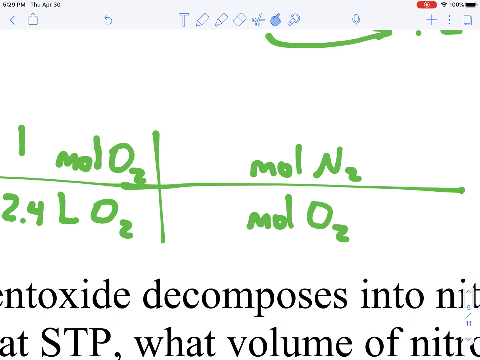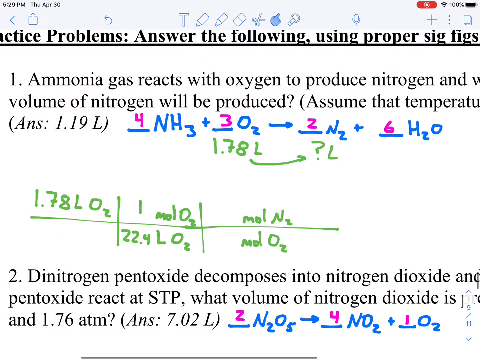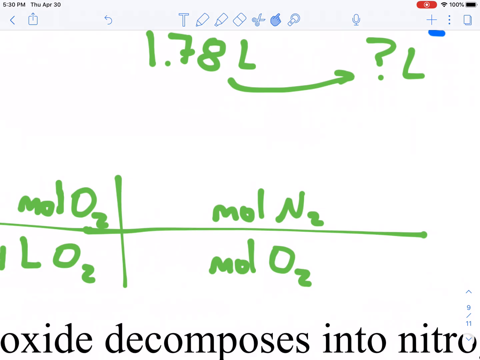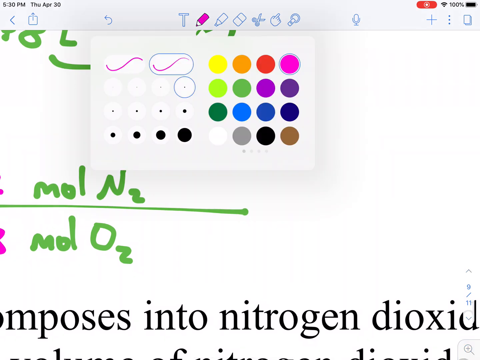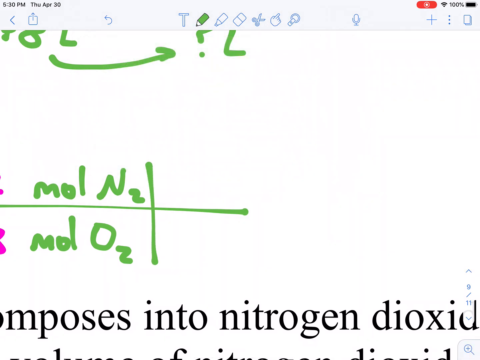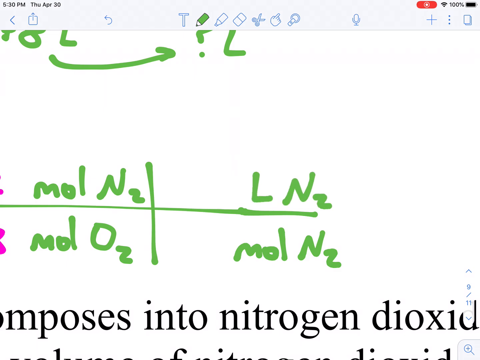And where do we get those values? Well, we look to the balanced chemical equation. They have coefficients. You'll notice there's a 2 in front of nitrogen, there's a 3 in front of oxygen. And then finally, we don't just want moles of nitrogen, we want liters. Do we know a relationship that allows us to convert from moles of N2, which, by the way, is a gas, into liters of N2? We do.